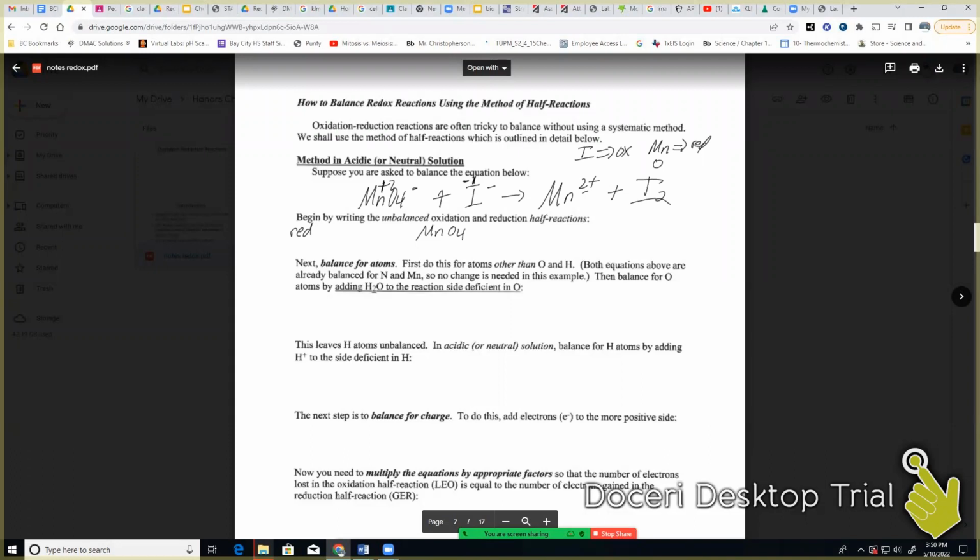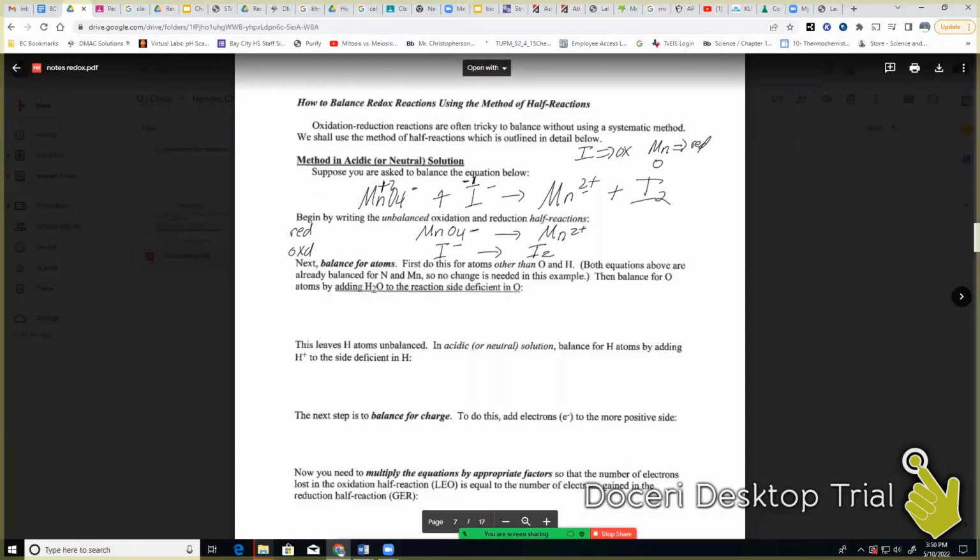MnO4 minus going to Mn2 plus. Also, if you did not watch the video, this is going to look really foreign to you. If you did, you should have a little bit of an idea of what I'm doing. And then my oxidation half reaction was my iodide ion going to my iodine compound. So those are my two half reactions.